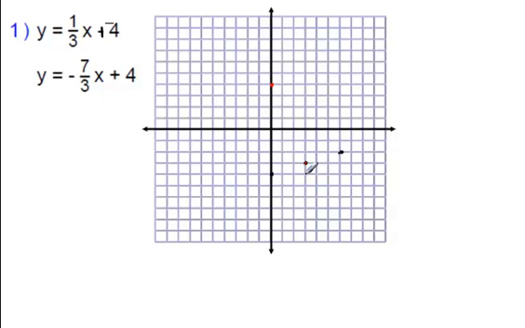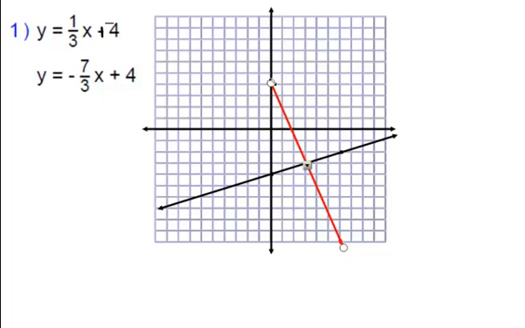Down 7 in the opposite direction over 3. So there are my two sets of points. This one goes like that. Make sure you use a straight edge and extend it. You've got to be pretty exact. This one goes right here.